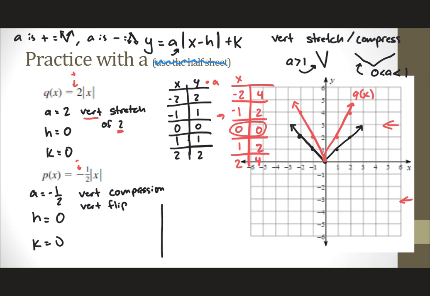So I'm going to draw my parent function. Negative 2, 2, negative 1, 1, 0, 0, 1, 1, 2, 2. X and Y. And now I'm going to multiply Y by my A, which is going to be negative 1/2. So all of these values get multiplied by negative 1/2.